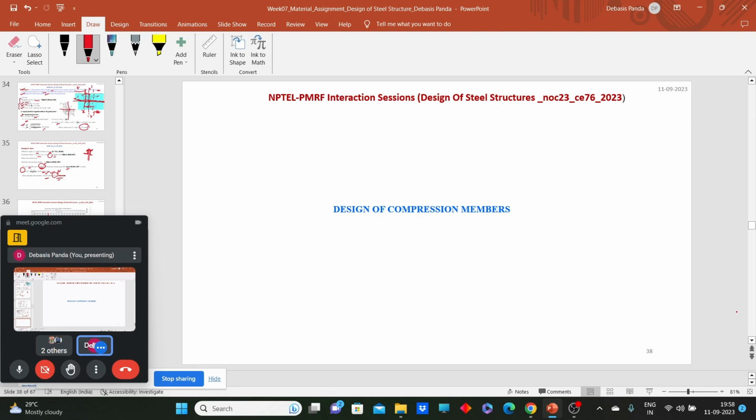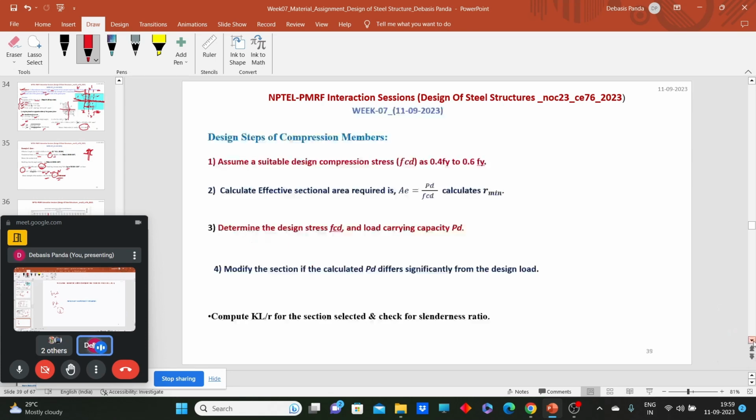During the calculation of compressive strength, we have learned that we need to calculate that FCD value. Then we need to calculate the PD value, and here the most important parameter is lambda. So how can we actually design a compression member when we only have the load?